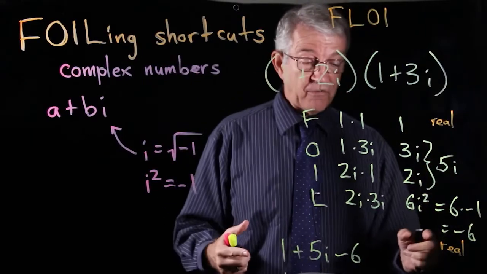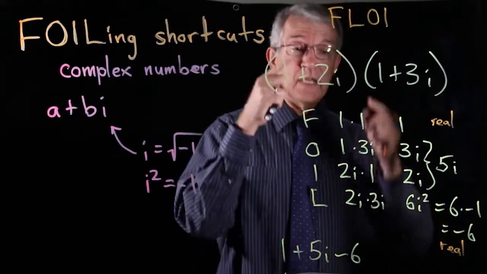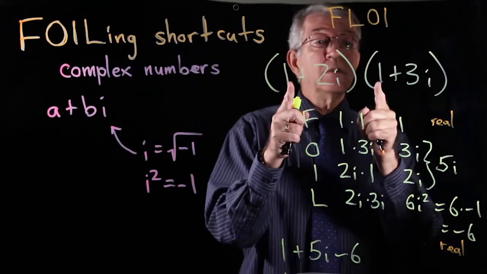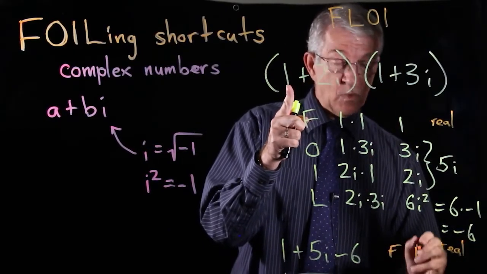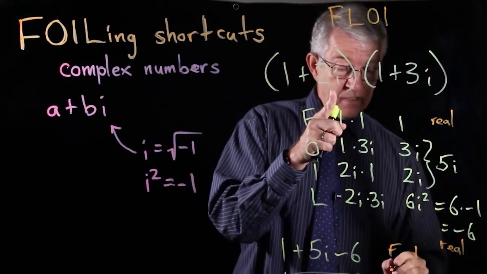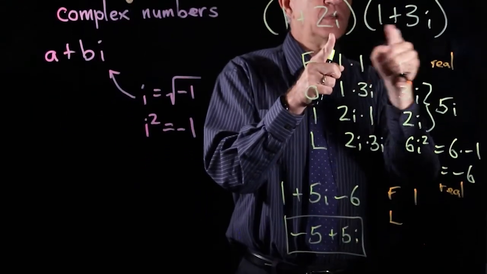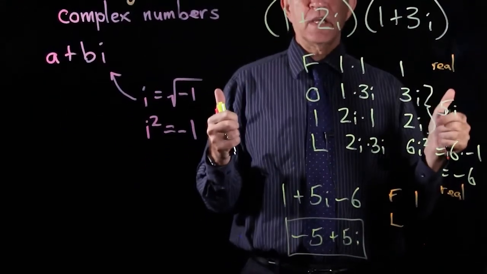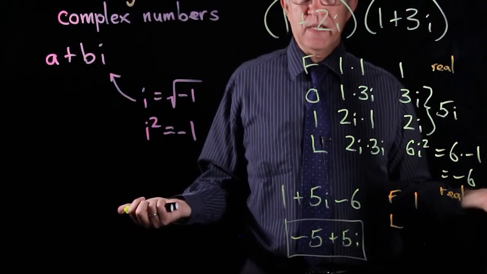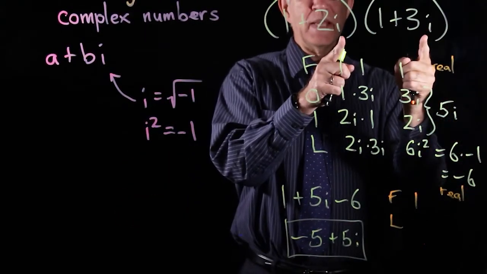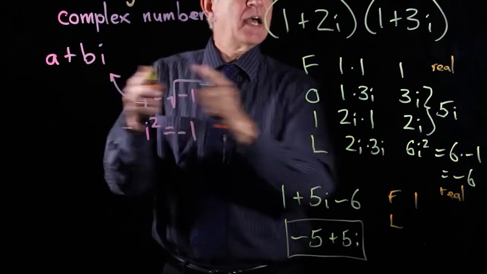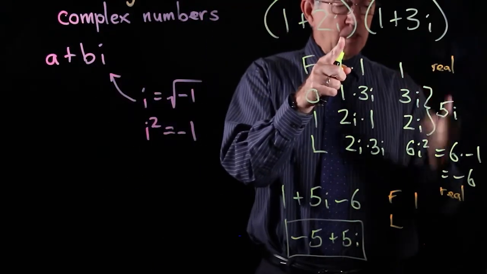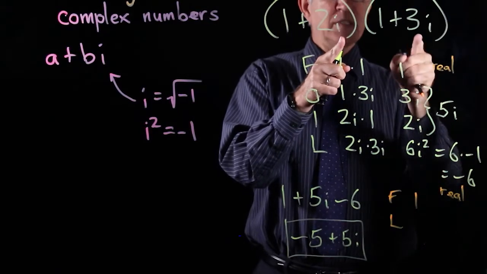So if I floy it instead of foiling it, and I'll write down more than I need to, I do the first, it's 1 times 1. I do the last, it's 2 times 3. Here's the trick. The last is always a negative, because there's always going to be an i squared, because the last term in every complex number has an i. So i times i is always i squared. There's always a -1.